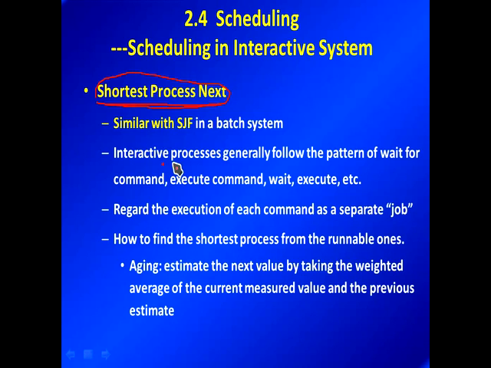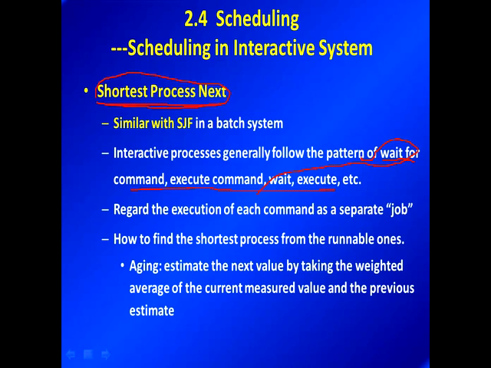So you can see, we can view the interactive process as a list of a lot of short jobs, and each job is to wait for a command and execute the command, then wait and execute. So each execution of a command can be viewed as a very short job for this process with a lot of interactions.